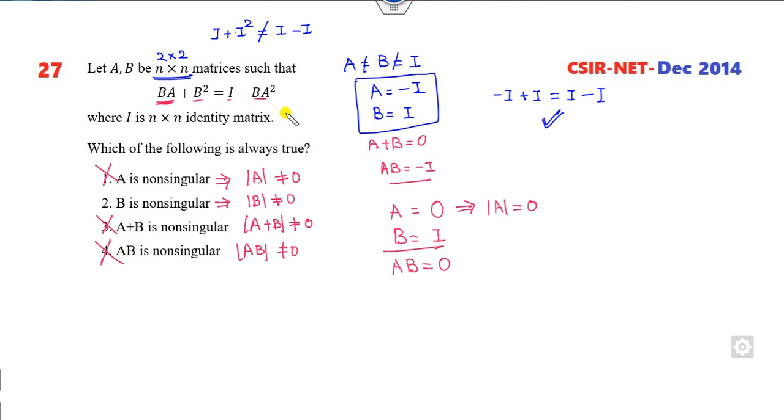The only option left behind, B, is the right answer. If you think I can take B as 0, A as I, does it satisfy the given condition? It is not satisfied. So B can never be 0. So this is the right answer of this problem.